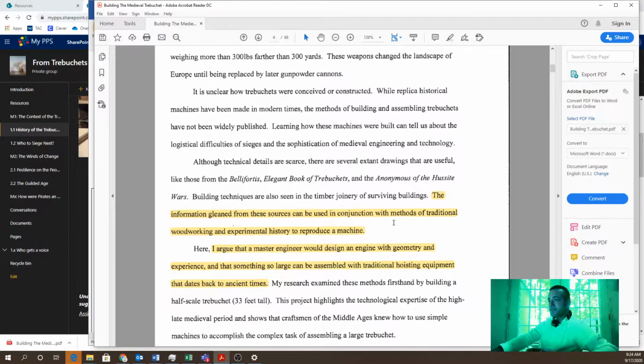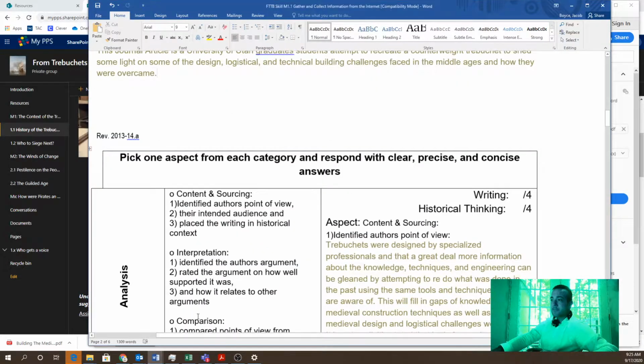And then the next part down is basically his thesis, which is, I argue that a master engineer would design an engine with geometry and experience, and that something so large can be assembled with traditional hoisting equipment that dates back to ancient times. This just exposes his belief and his conclusions, really. And so that all factors into our content and sourcing of identifying the author's point of view.